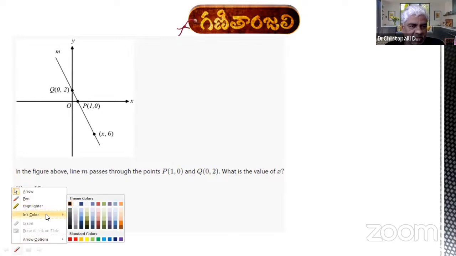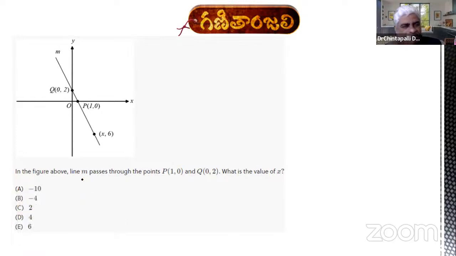And there is one point: when the x and y intercepts are known, there is a direct formula to find the equation of a line. x over a plus y over b is equal to 1, right?